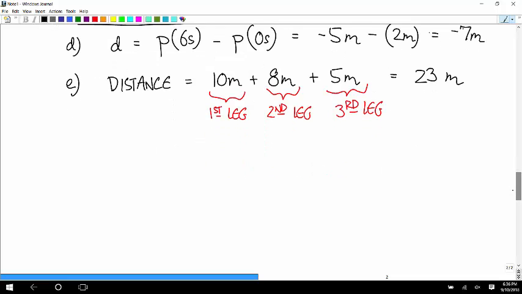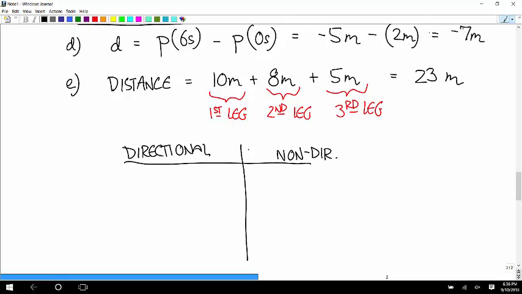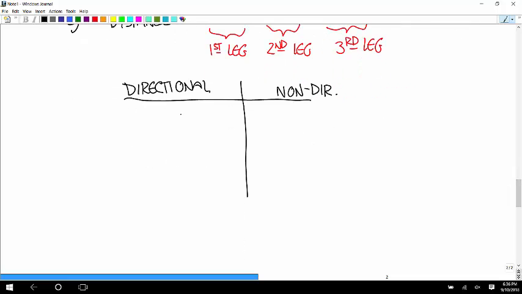Okay. So now the next thing we have to talk about, if we have the directional quantities and the non-directional quantities, we talked about position, we talked about displacement, and that's related to distance.